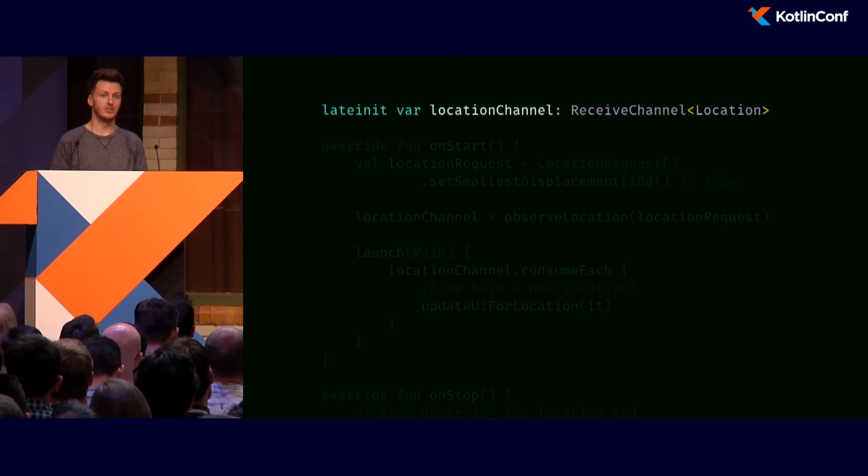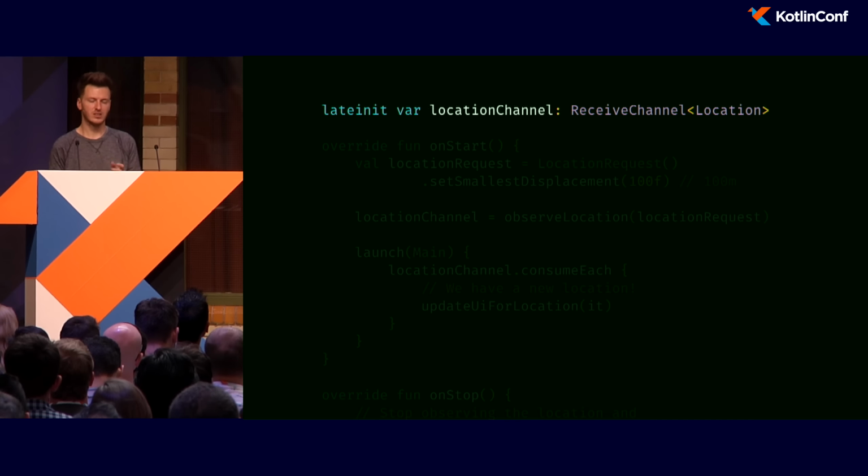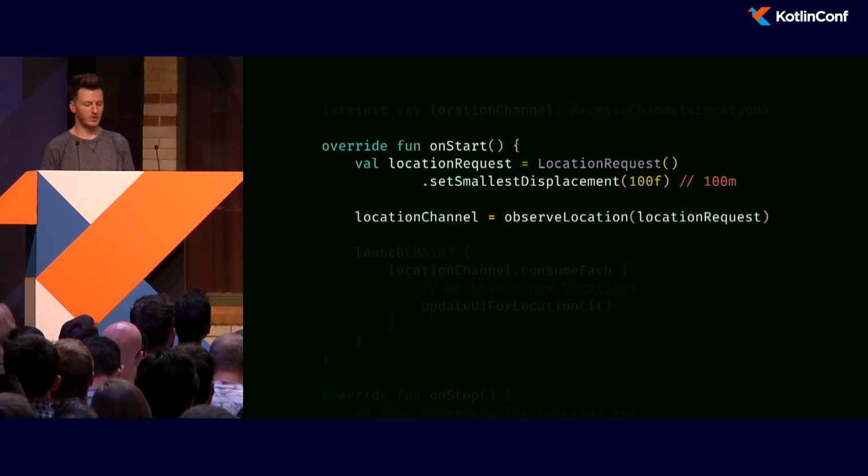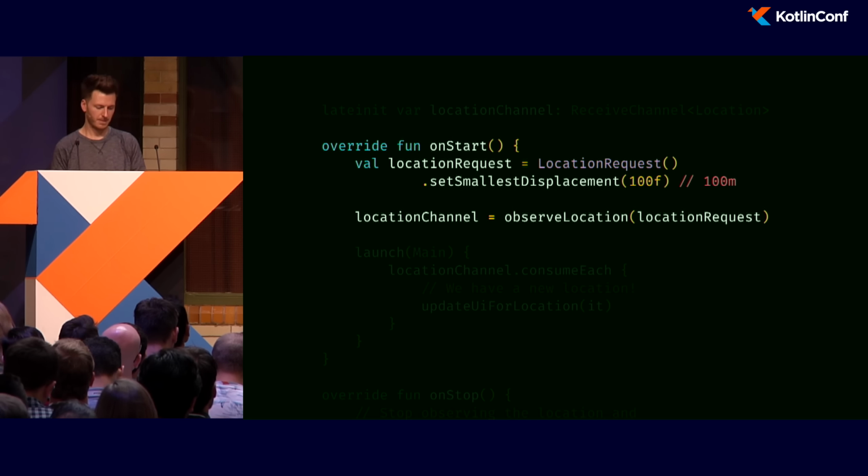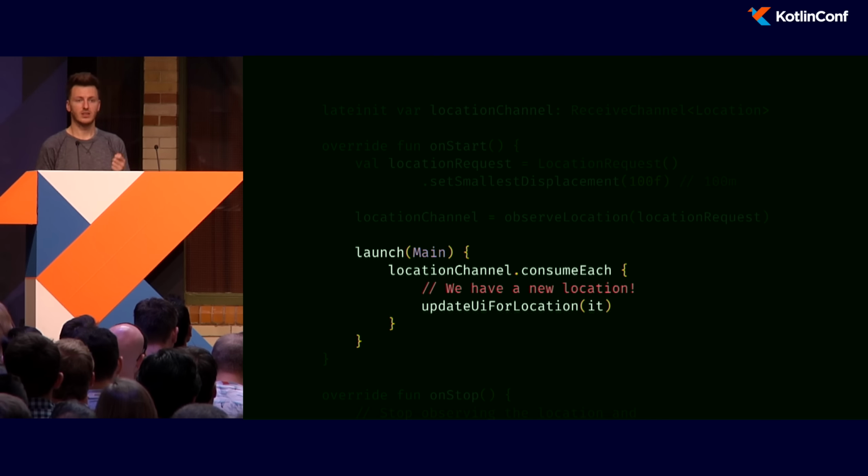So if we actually look at how to use the method that we just created, we'll store the location channel. There's probably a nicer way of doing this, but it's what I came up with this morning. And then on start, we'll actually start trying to observe that location. So in this request, we're just doing a minimum displacement of 100 meters, whatever it is. But the important thing here is that we call observeLocation, and then we store that channel. At this point, we can actually start using the channel.